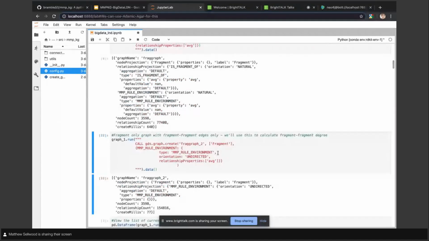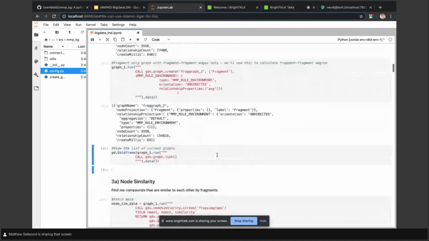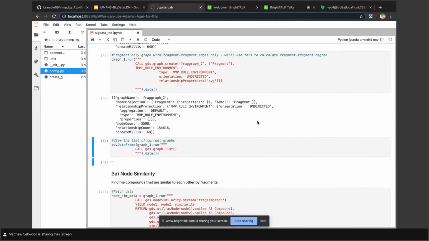And then finally, I wanted one which was undirected and only contained fragments and a single type of environment. It's quite useful because you can start to take your main graph and break it down into subgraphs of these in-memory graphs, where you can just select the key parts of the information that you need for running your algorithm. And I think it's quite a nice way to keep track of what you're working on.